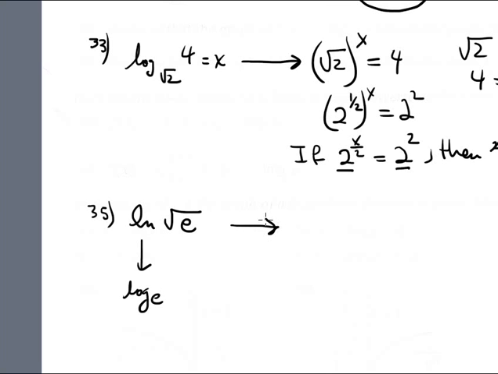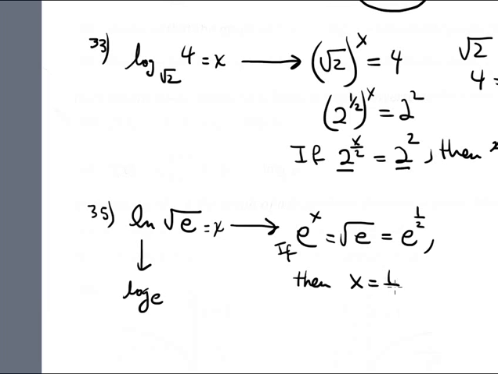When you convert to exponential, e is the base, the exponent I don't know is x, equal to radical e. And radical e is e to the 1/2. Now if this exponential is the same, then the conclusion is x equal 1/2.